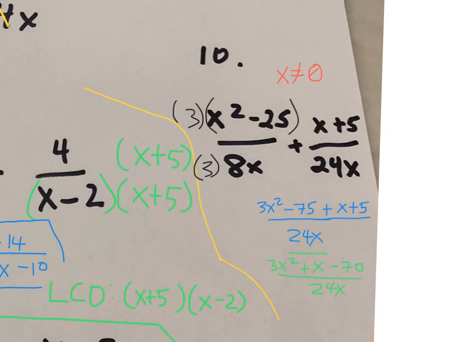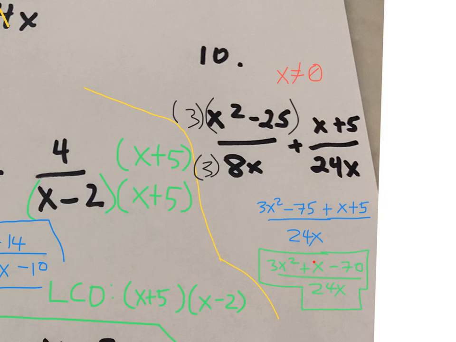Now again, there's a chance that I made a careless mistake in there somewhere along the way, but I feel pretty good about this. I'm not sure if 3x squared plus x minus 70 is factorable.